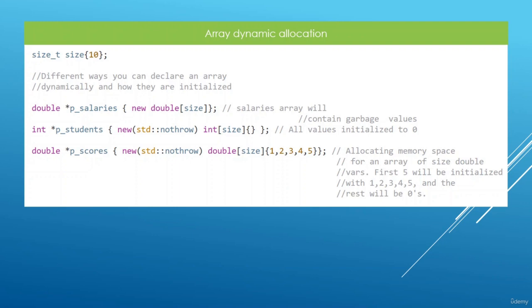This is really how you work with these things, and I hope it is super clear. Again, we are calling the new operator. This is going to allocate however much memory space is needed to store these things on the heap. So if this array is going to contain 10 elements, we're going to allocate enough space to contain 10 double elements on the heap, and we're going to be pointing to that with the psalaries pointer. That's what we mean here.